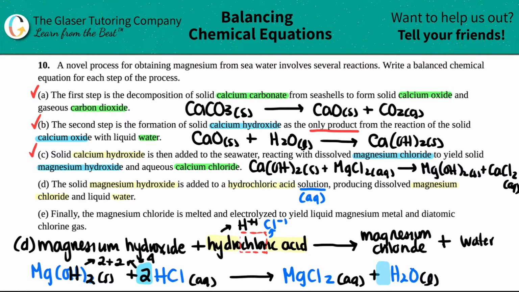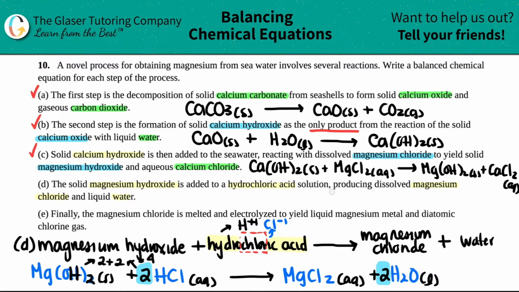So what number would I have to put in front, times 2, to get to 4? 2, right? And now the hydrogens are balanced. Looks like I have 1 magnesium and 1 magnesium, so that's good. And the oxygens, I have 2 oxygens and I have 2 oxygens. So now we're finally balanced.